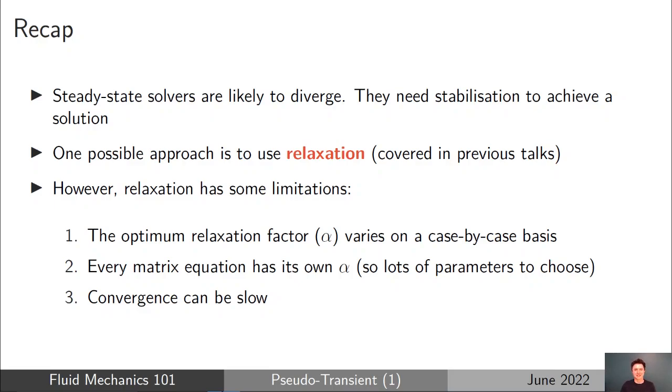And of course for CFD our calculations are often very slow and we want to accelerate them as much as possible, and so perhaps there's a different approach that we can use to overcome some of these limitations of relaxation.